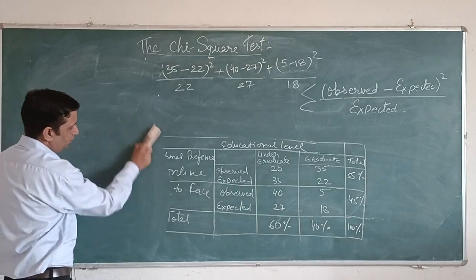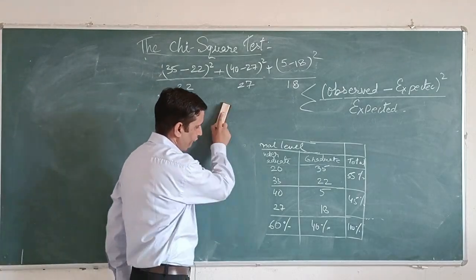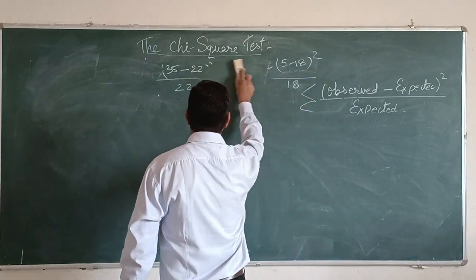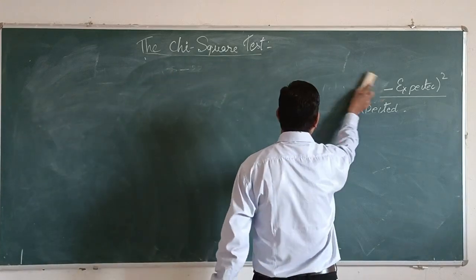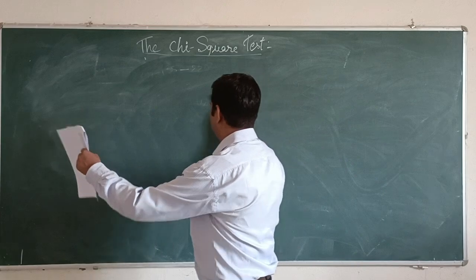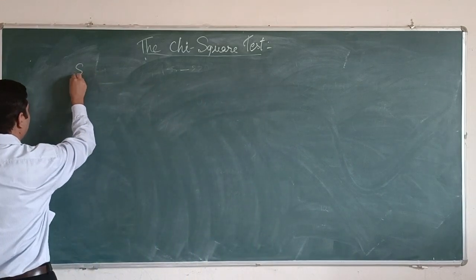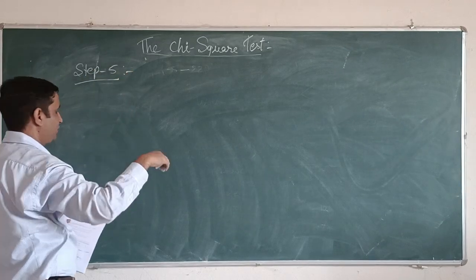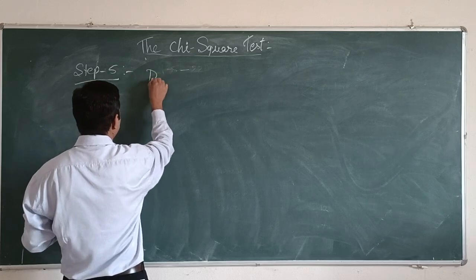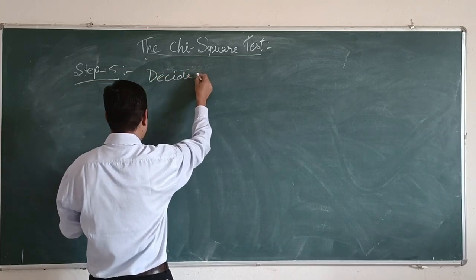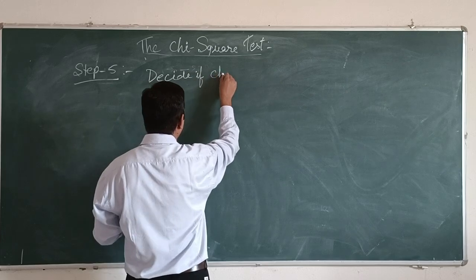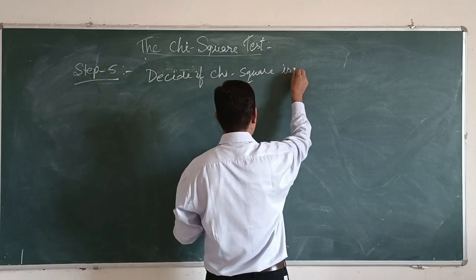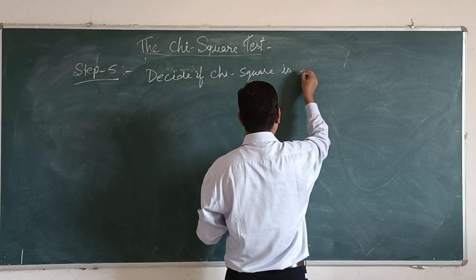Now we are moving on to step number 5. That is a part of step number 4, and now we will move on to step number 5. Step number 5, which we will say is to decide if chi-square is statistically significant.